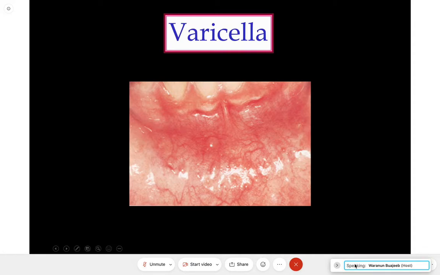What about all these small ones? Are they lesions? Anyone can tell me? Are they lesions small like this? What are they? Nattawalai, can you tell me?